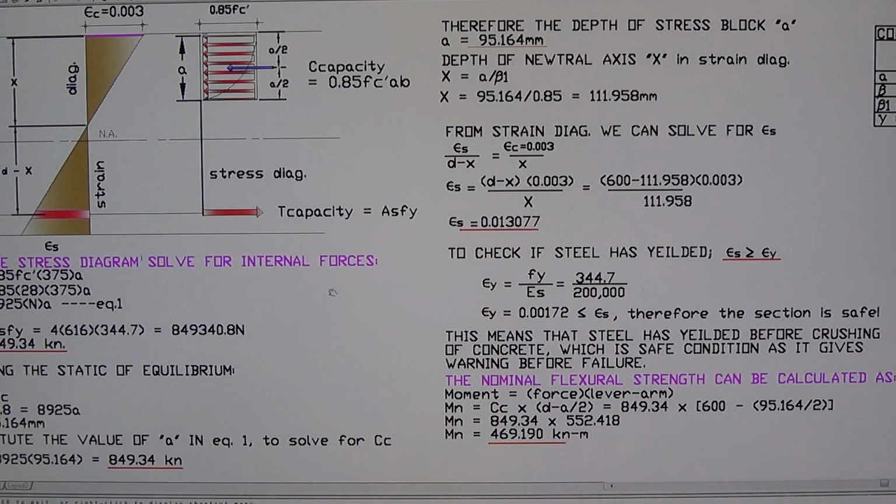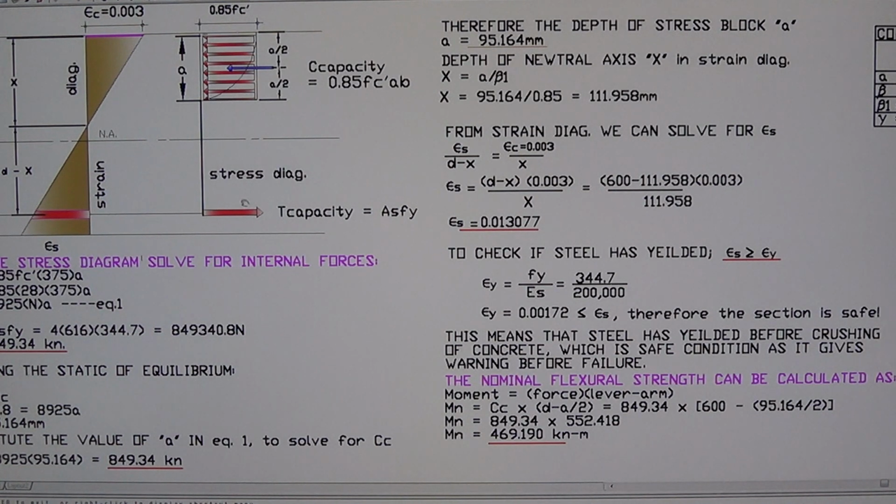Now taking moment at the tension capacity, the lever arm of the CC is the effective depth of the beam up to the centroid of the steel, minus A over 2 from the centroid here, because we're taking moment here, right?